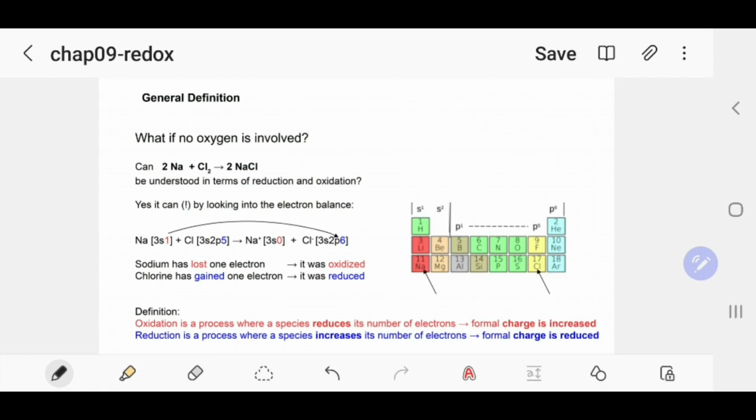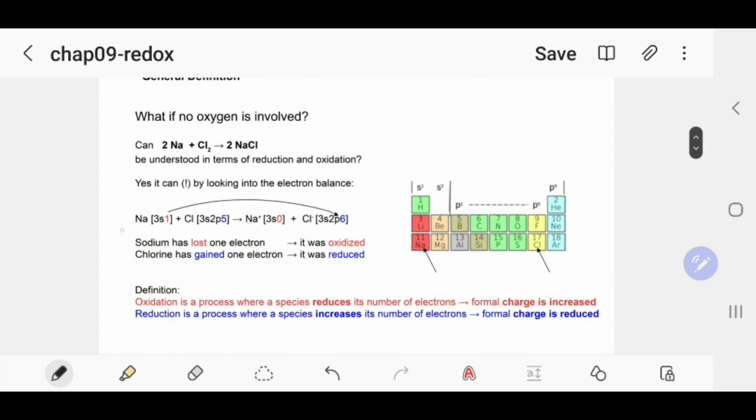However, oxidation and reduction not only occur when an oxygen element is present, but also in the absence of oxygen. And it's defined by the loss or gain of electrons. So, for example, let's take a look at this reaction here.